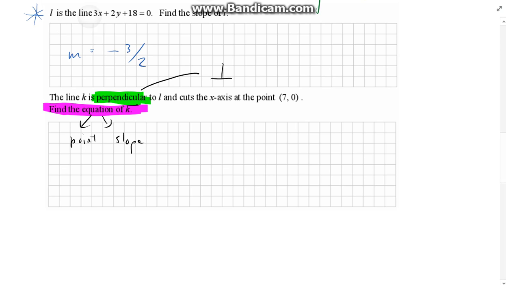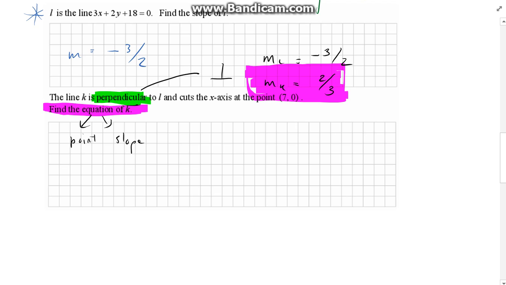So if the slope of the line L is minus 3 over 2, which we worked out previously, the slope of K is perpendicular to that, so we change the sign so it becomes a plus and flip it: 2 over 3. So our slope of K is 2 over 3 because it was perpendicular.